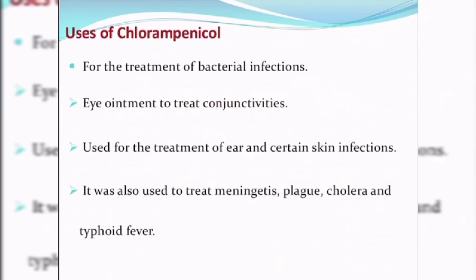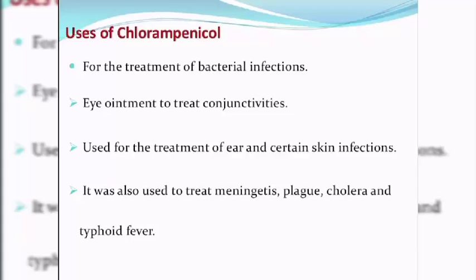What are the uses of chloramphenicol? It has been used for the treatment of number of bacterial infections. The first one is, it includes use as an eye ointment to treat conjunctivitis.